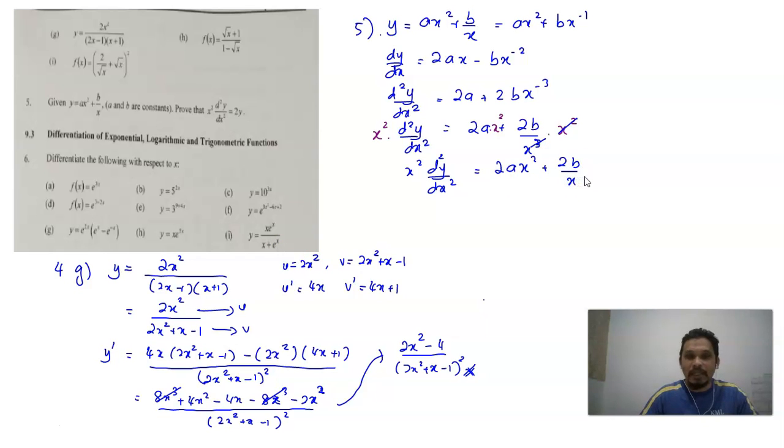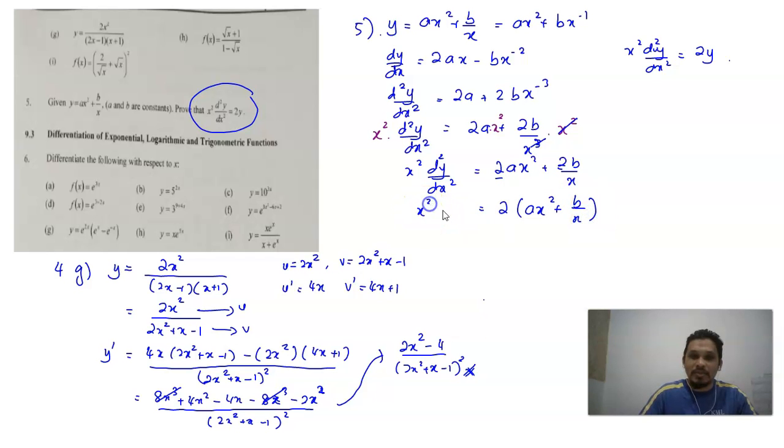divided by x. And what we have right now, we want it in terms of x squared times the second derivative of y with respect to x equal to 2y. Okay, 2 and 2, factorize this: 2 times ax squared plus b over x.